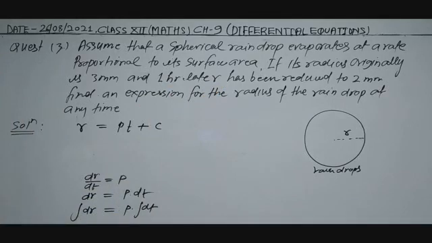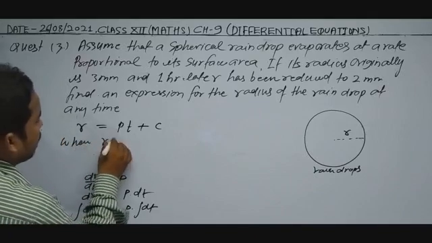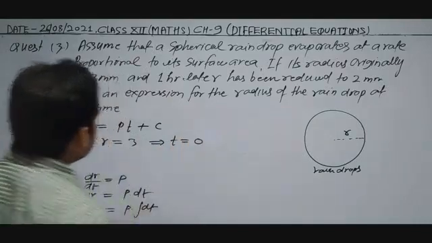So the radius is 3 millimeter at time 0: when r is equal to 3, this implies t is equal to 0.